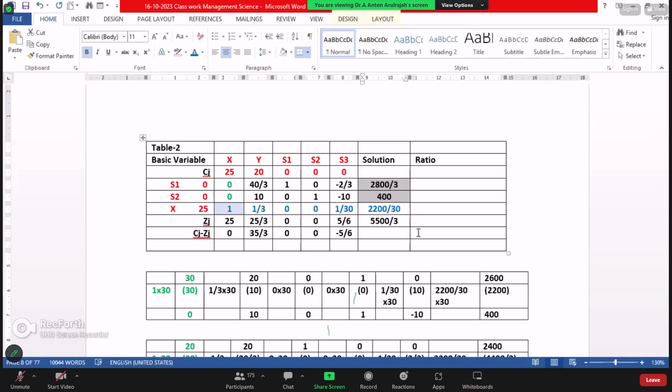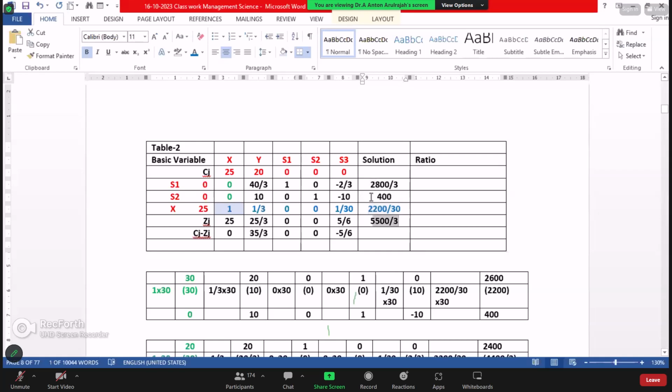Profit is, how many quantities did we produce in product 1? It's 2,200 divided by 30. That is about 73.33. So profit is 73.33 multiplied by 25. That is about 1,833.